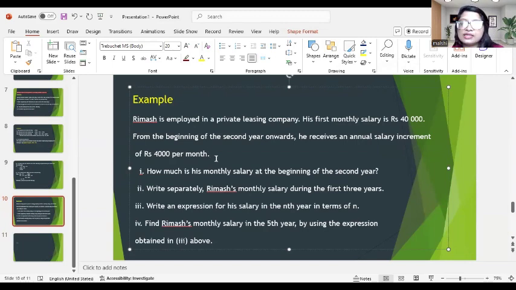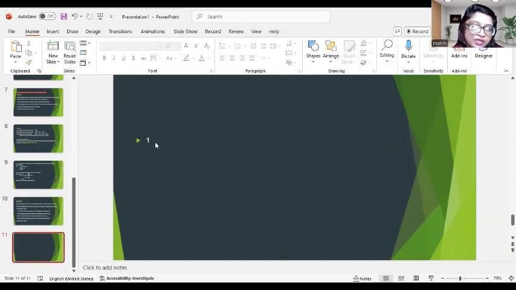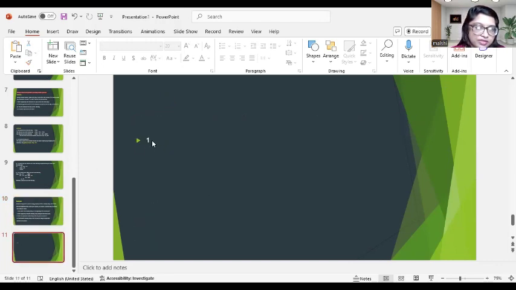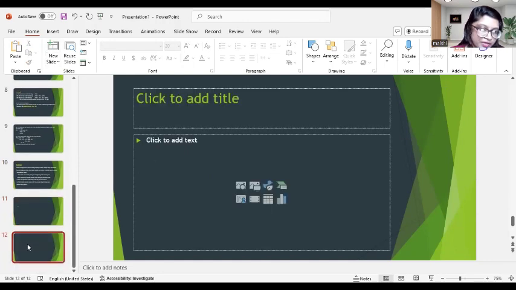Therefore, his salary increases annually. So, what is the common difference of this term? According to this scenario, the common difference is 4,000. 4,000 is the common difference.